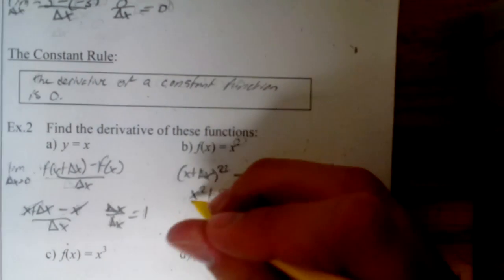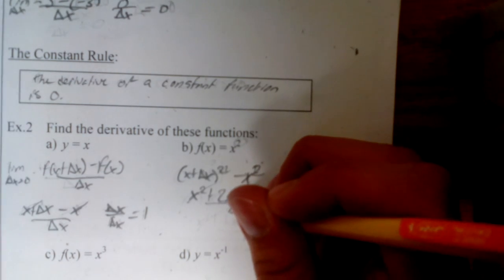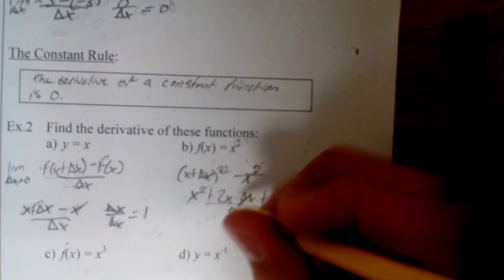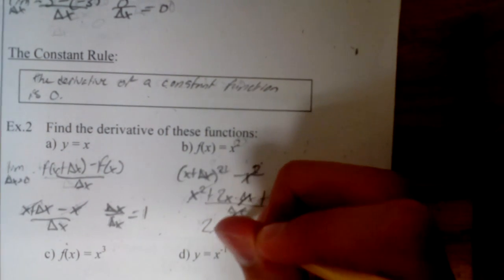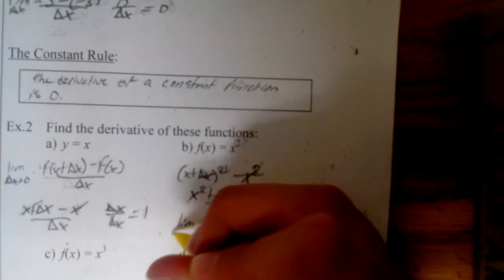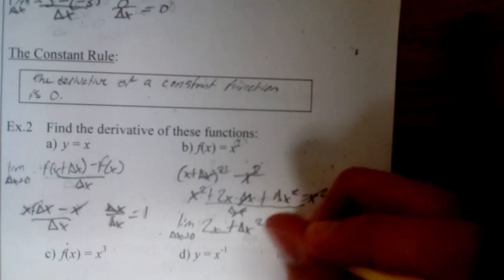And so these x squareds cancel, and you're able to cancel out the delta x up here. So you end up getting 2x plus delta x, and then you plug in direct substitution of delta x, so you get 2x, and that's the answer.